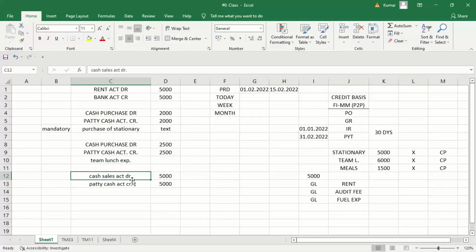Sorry, the accounting entry was wrong. Yes, here is the correct accounting entry. Here, the sales account is going to be credited and the petty cash account is going to be debited, right? We are receiving cash.